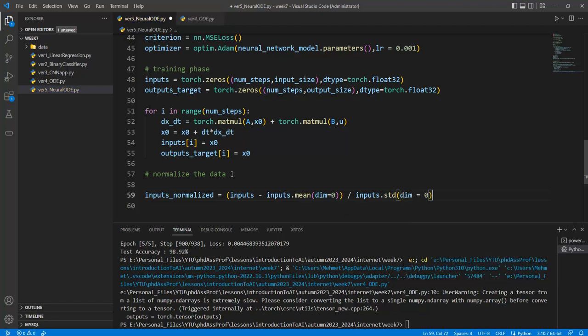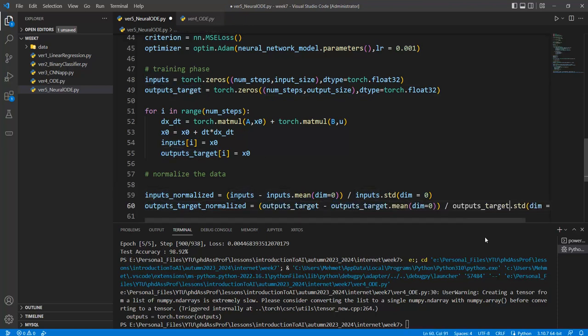This is called the standardization of your data. Just like normalization, we can standardize this data by using this form. And also we can create the outputs like this: the outputs normalized, target normalized, output target.